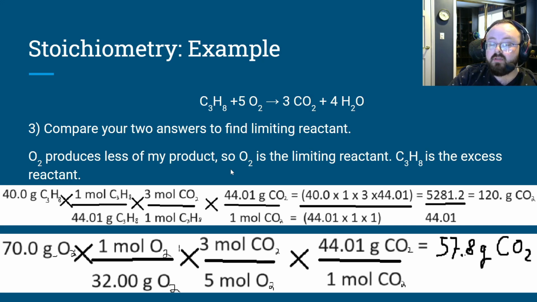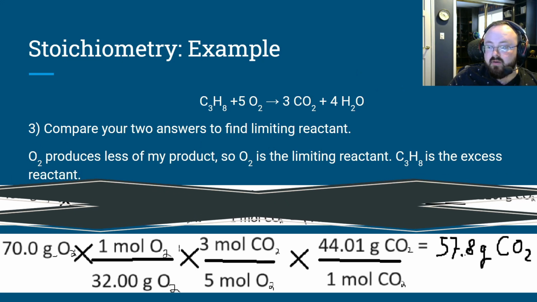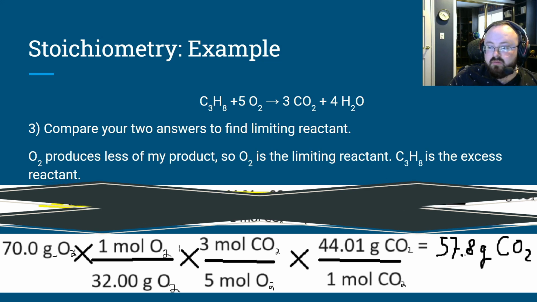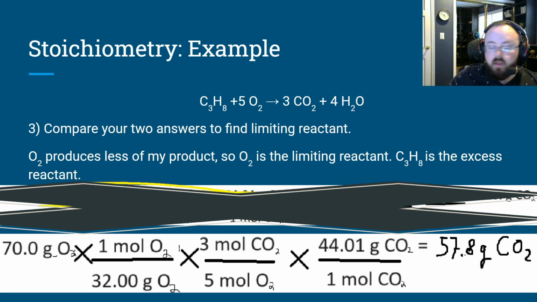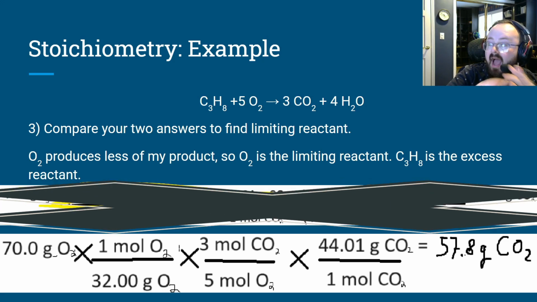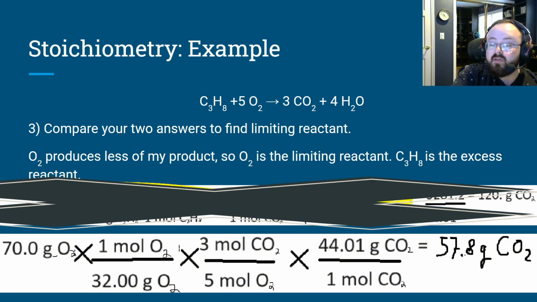And what's important to note when we're using our percent yield is that we're not using the 120. We don't need that. That's no good to us. It doesn't do anything for us. That calculation is not actually going to happen because we're going to run out.